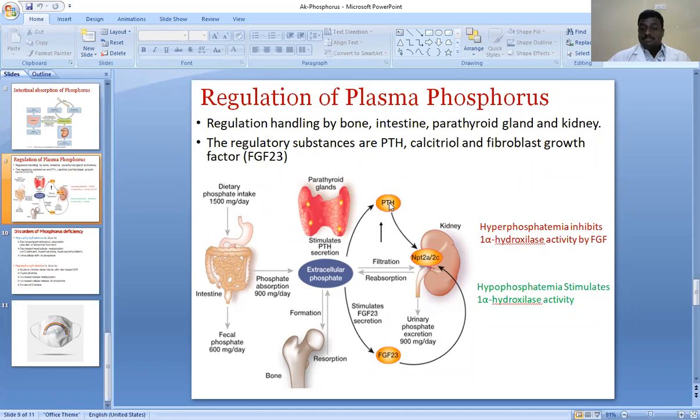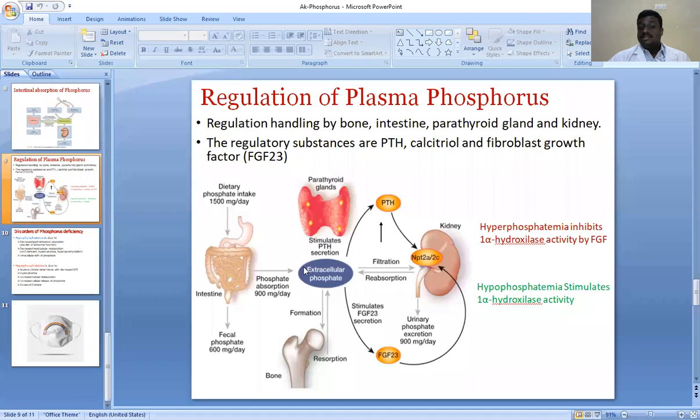So hyperparathyroidism reduces 1-alpha hydroxylase activity, which means sufficient vitamin D3 is not produced. Whenever vitamin D3 formation is greatly reduced, there is no action of vitamin D3 in the intestine, and so there is no absorption of phosphate in the intestine.